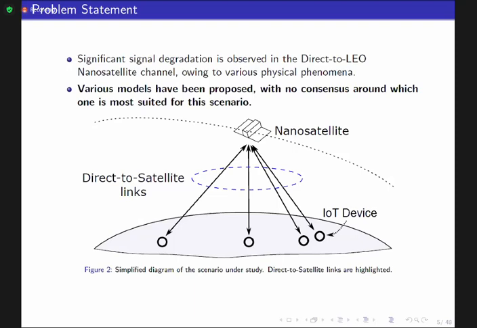You have several IoT devices in the Earth segment, each establishing a direct satellite link with a nanosatellite in low Earth orbit. Many details of this scenario add complexity to the channel modeling. For example, the elevation angle each IoT device has with respect to the uplink is different, and this leads to different channel models for each device.